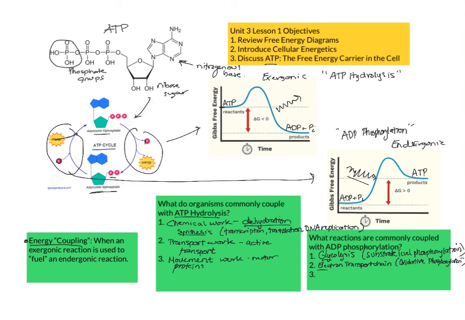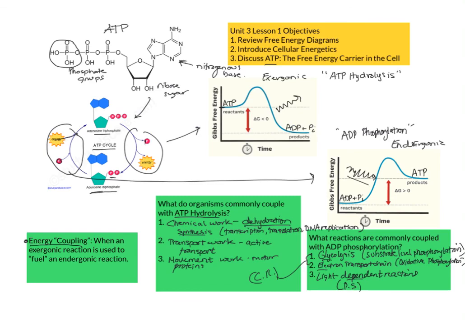And the last process that we're going to see coupled with ADP phosphorylation occurs during the light-dependent reactions, in photosynthesis. So these first two are cellular respiration. This last one is the first of two phases in photosynthesis.